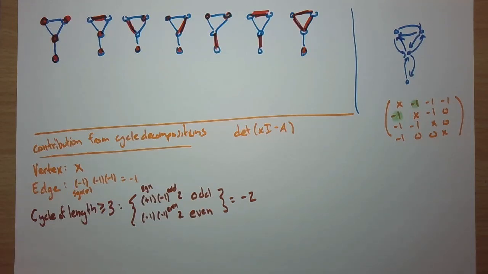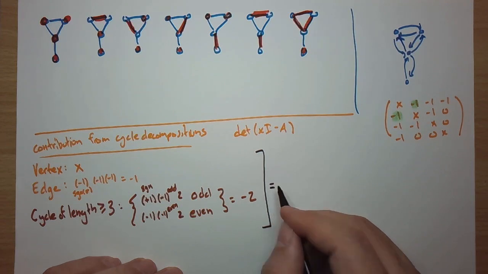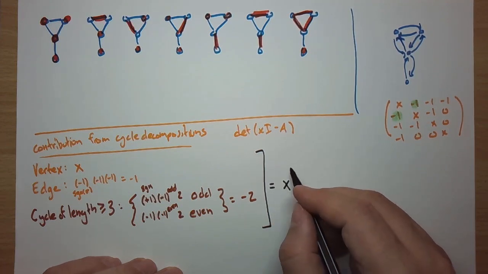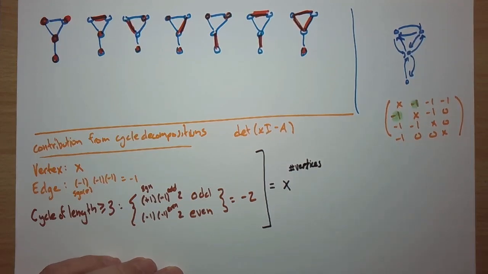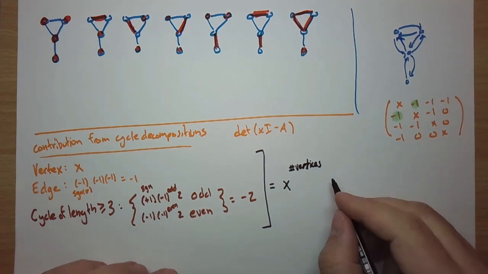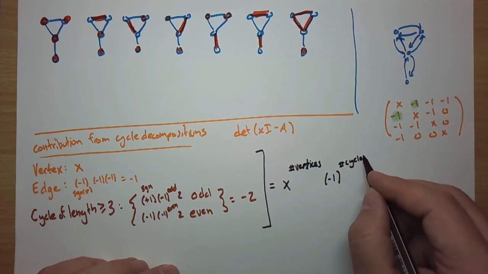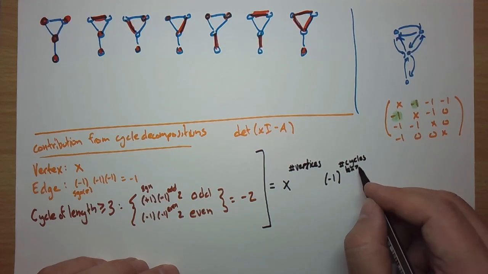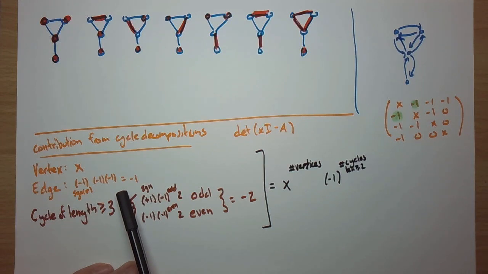So we can put this all together. For a cycle decomposition, the total contribution is x to the number of vertices, minus 1 to the number of cycles of length greater than or equal to 2, because a 2-cycle contributes a minus, and a cycle of length 3 or higher contributes a minus.